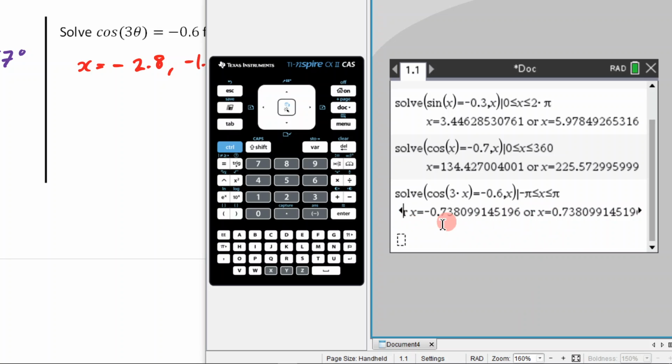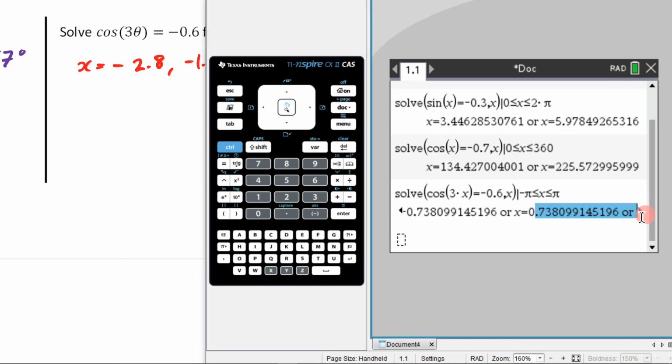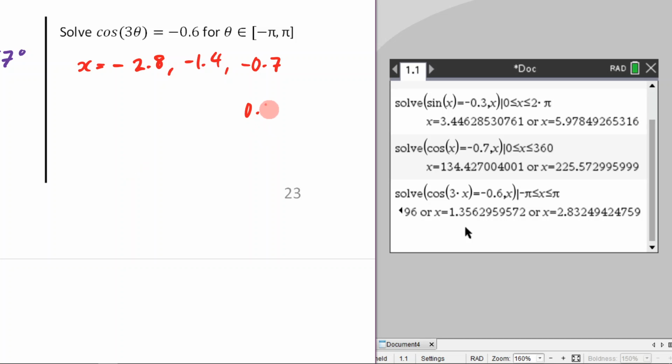And then it looks like we'll get 0.7, 1.4, 2.8. Symmetry, a beautiful thing. Perfect, and those are going to be our answers. So that's how you use your CAS calculator to solve a trigonometric equation.